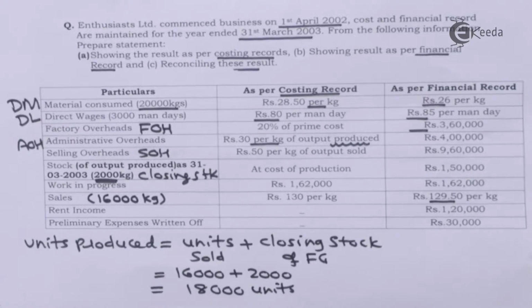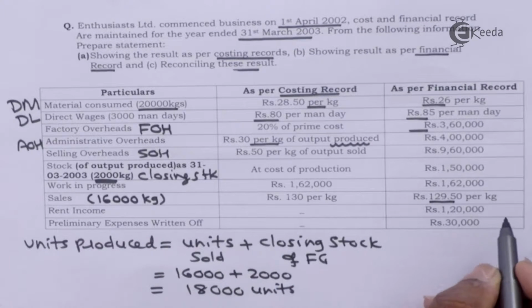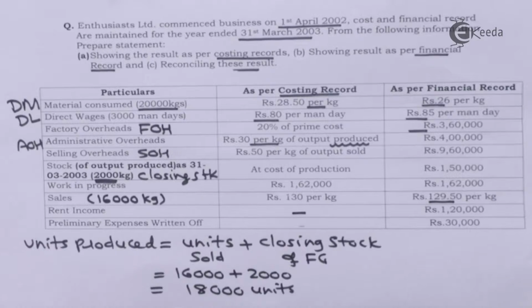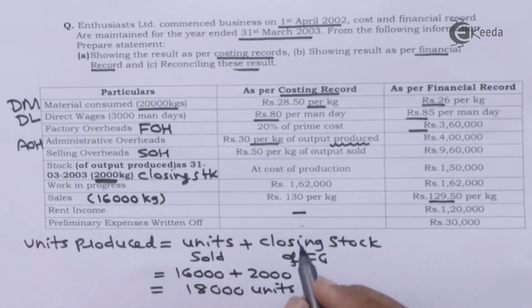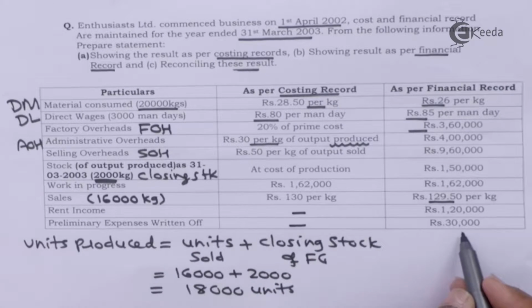So total units produced here will be 18,000 units. Rent income, it will be recorded only in financial book, 1,20,000. Preliminary expenses written off, this expense will be recorded only in financial book, 30,000.